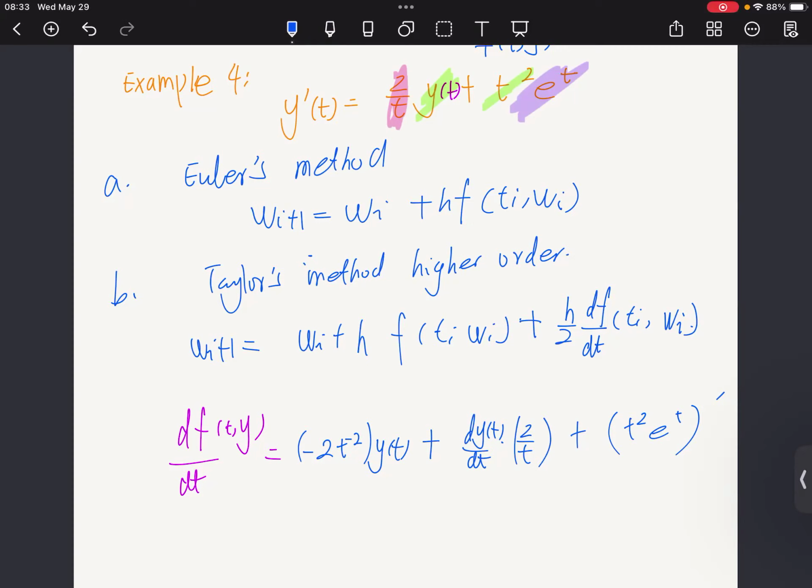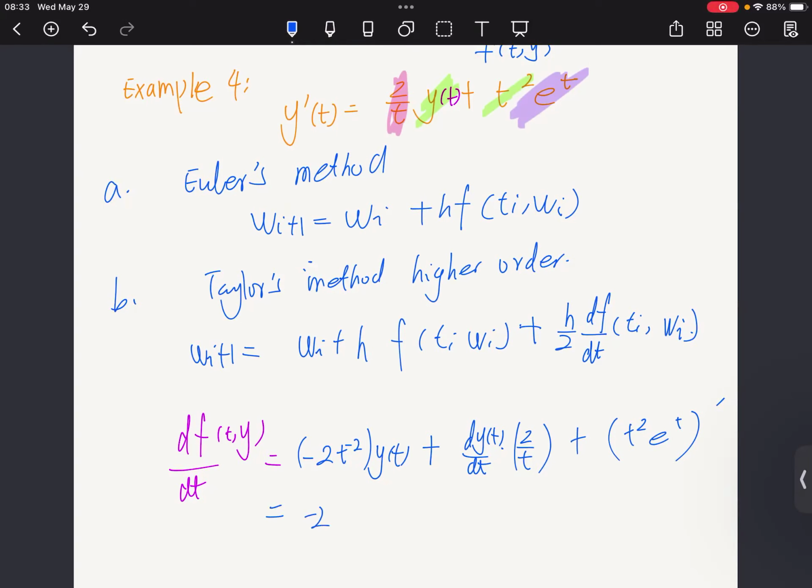And then for the dy/dt, this is the derivative of y. And from the original equation, you can change this part too. So you need to use the equation again, and the derivative of y equals 2 over t times y, plus t squared e^t, and 2 over t here.